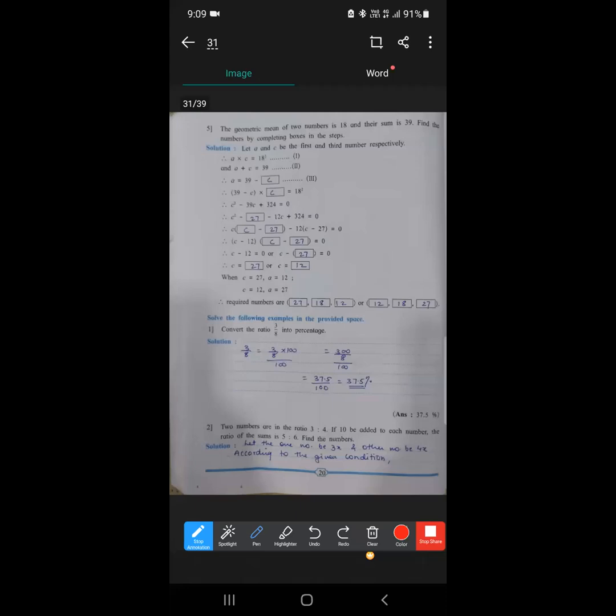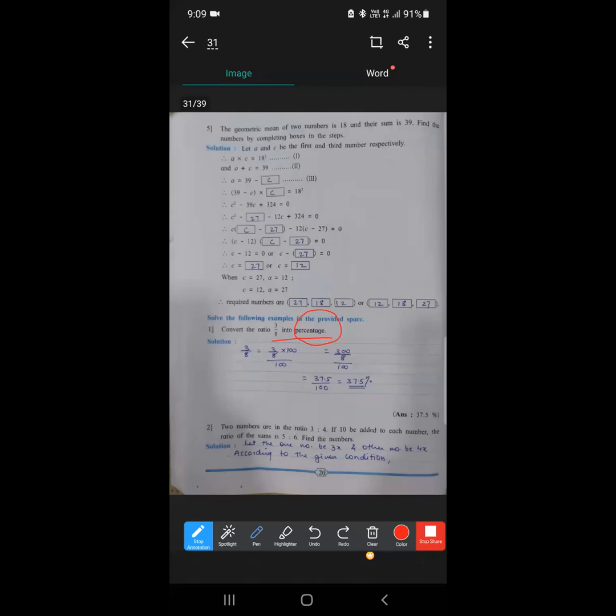Now let us see the solve the following example in the provided space. So in that first one, convert the ratio 3 upon 8 into percentage. Okay, 3 upon 8 into percentage. Percentage, normally students, all of you know that percentage means what? In denominator it should be 100.